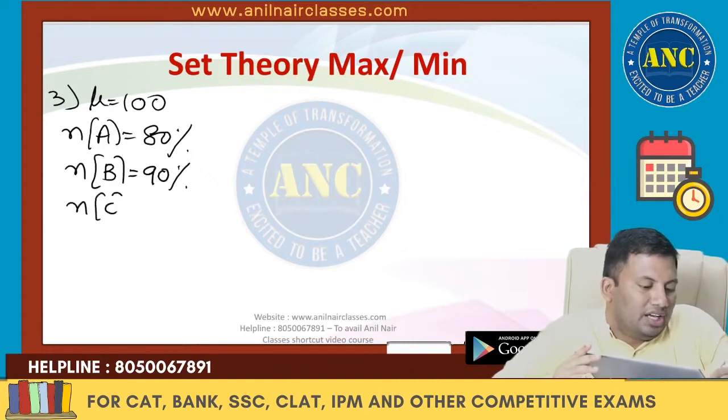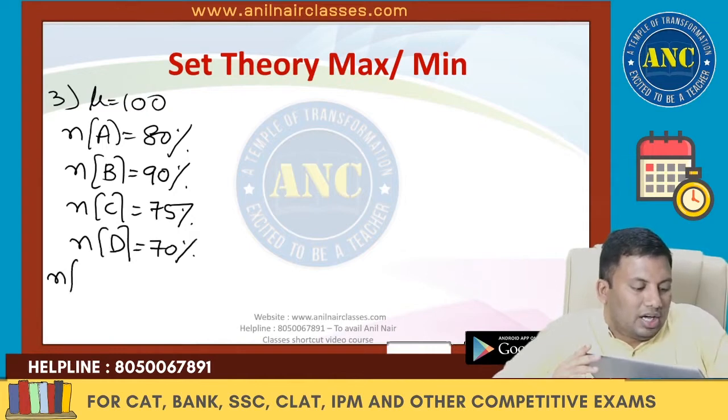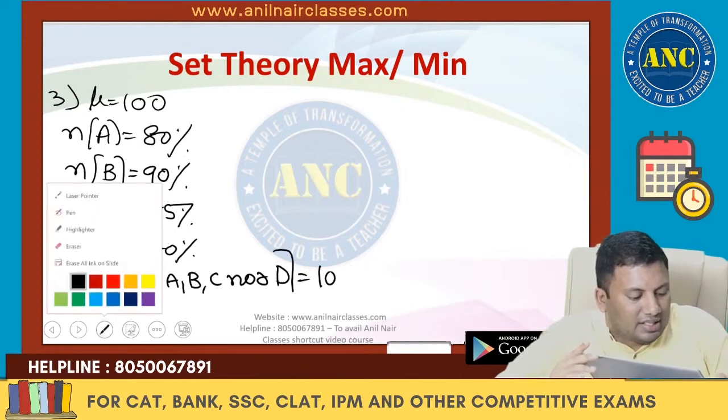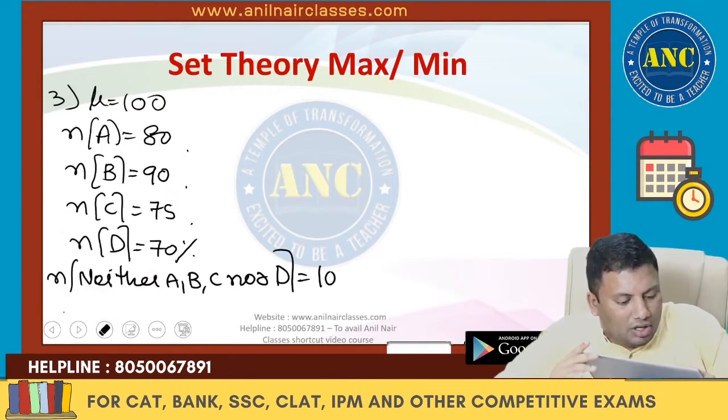N of C is nothing but 75%. N of D is nothing but 70%. N of neither A, B, C nor D is given as 10. Anyway, it is given as percent. All these values can be eliminated.